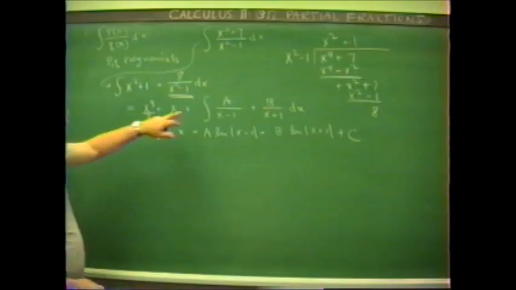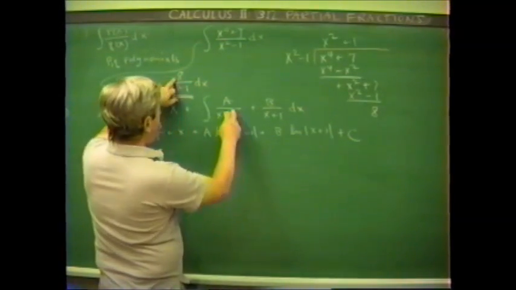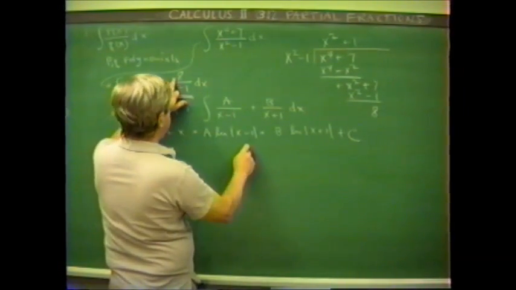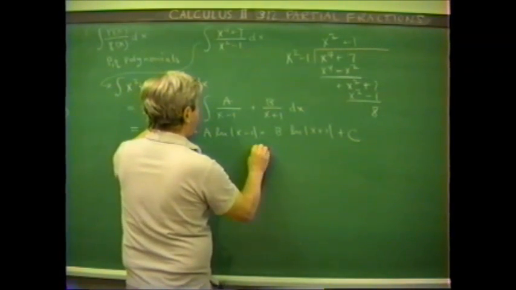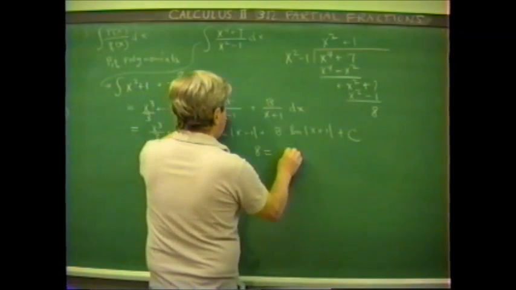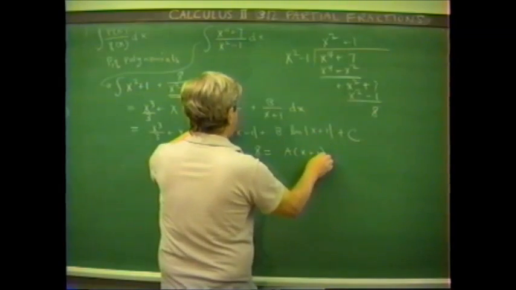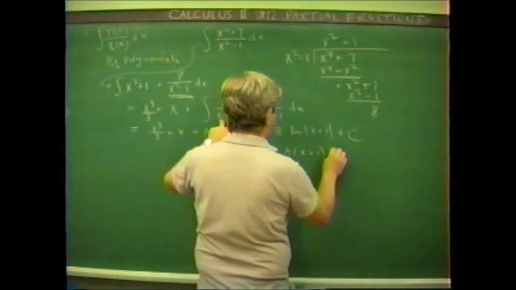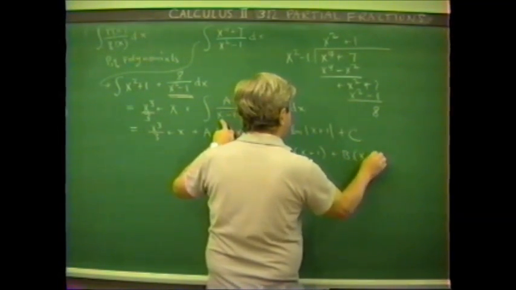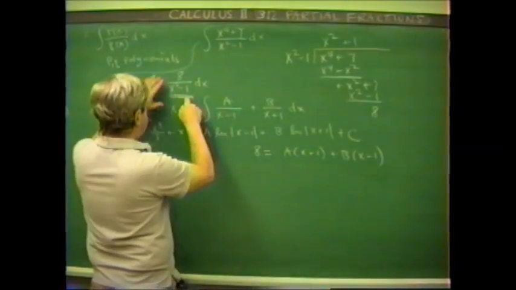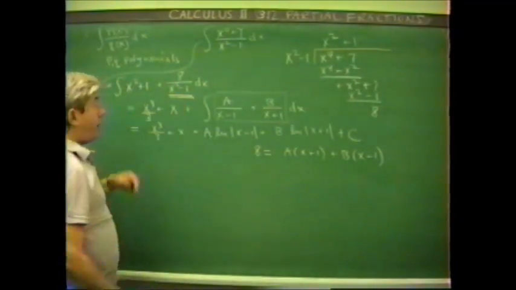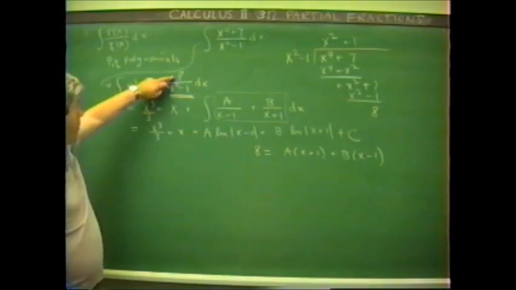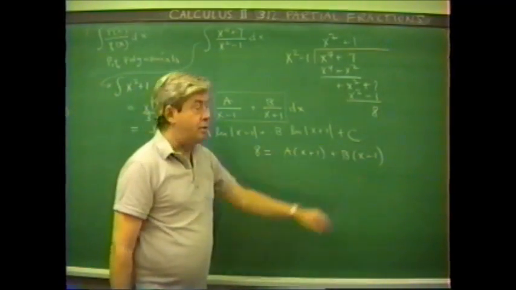Right? To see that we can, all we want to do is to put these over the common denominator x squared minus 1, and write 8 equals a times x plus 1 plus b times x minus 1. These would be the numerators if this was put together over the common denominator x squared minus 1. On this side we would want 8, here we would have this.